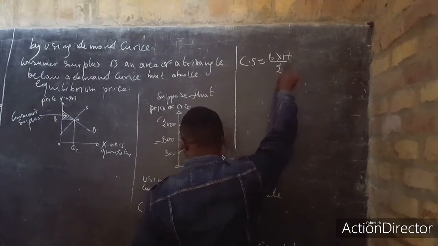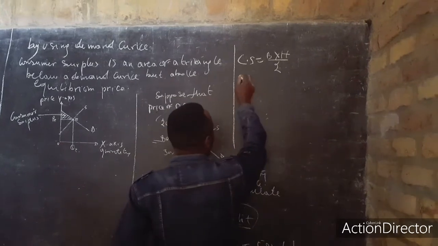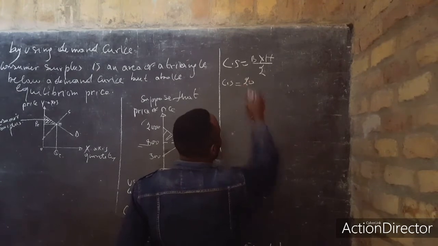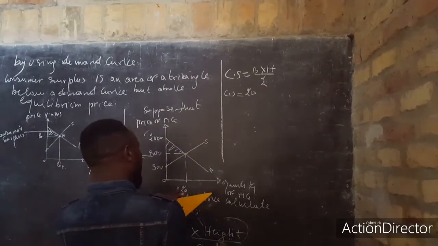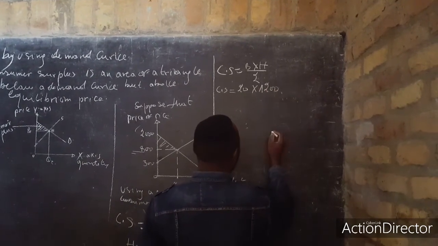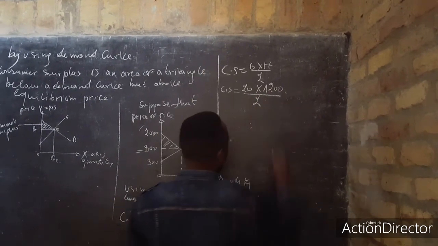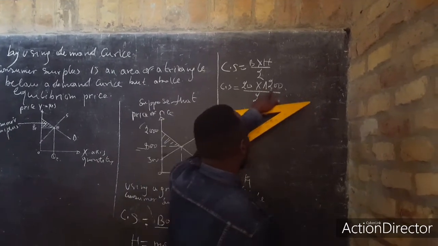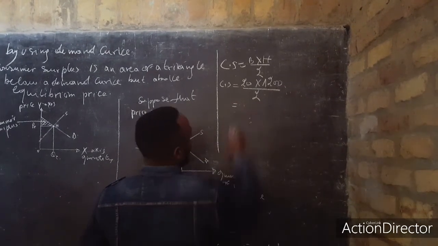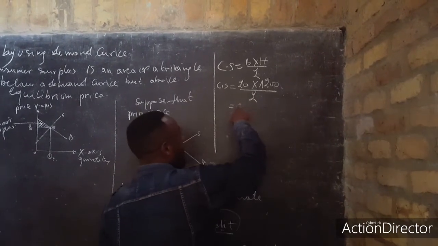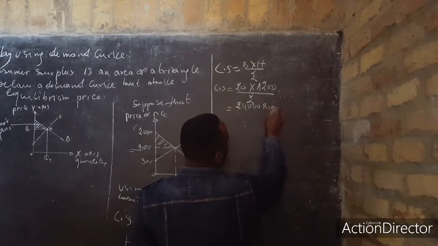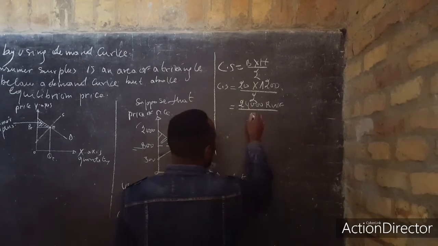Height represents a price, meaning that consumer surplus is equal to 20 units as a base times 1,200 francs over 2. 20 times 1,200 is equal to 24,000 francs over 2.